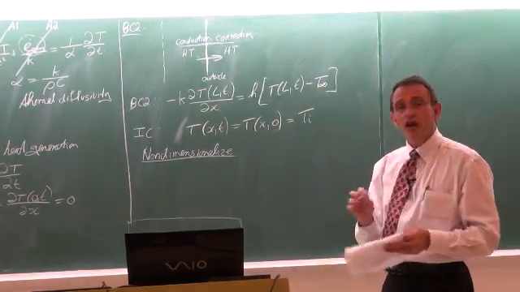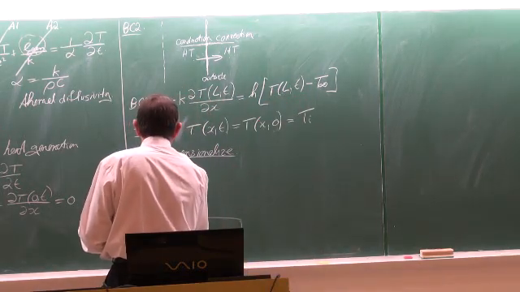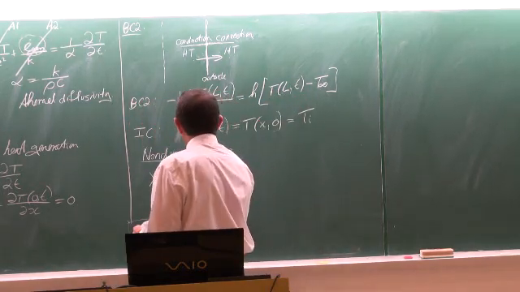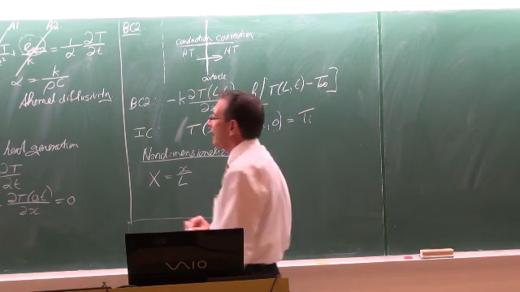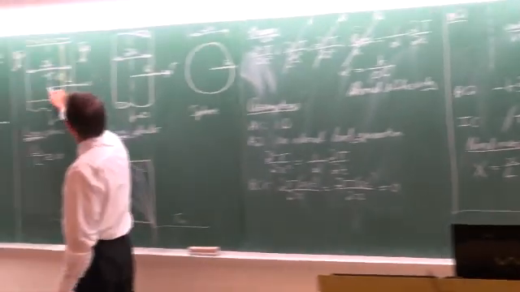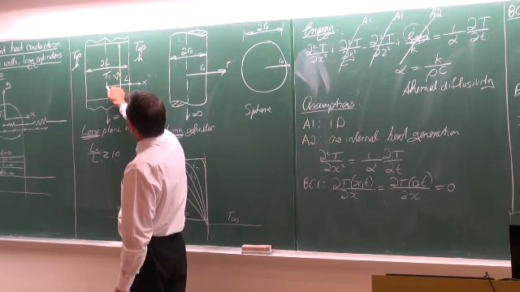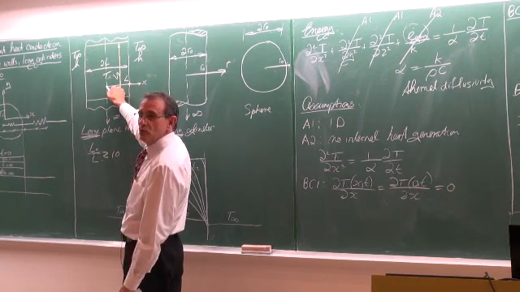We do that by defining, firstly, a capital X, and the capital X is equal to x divided by L. So x is any point here divided by L. At this point, x is equal to 0, which means capital X is equal to 0.